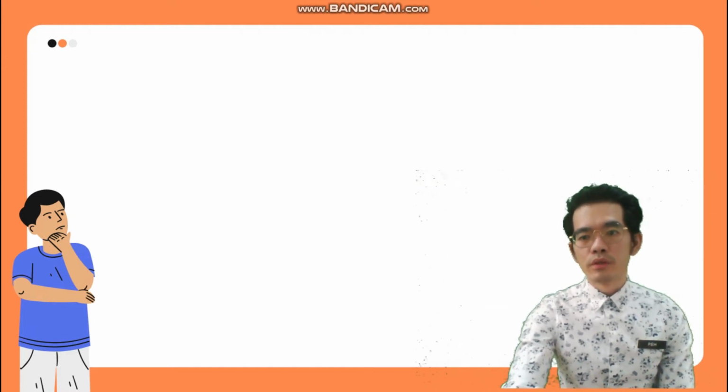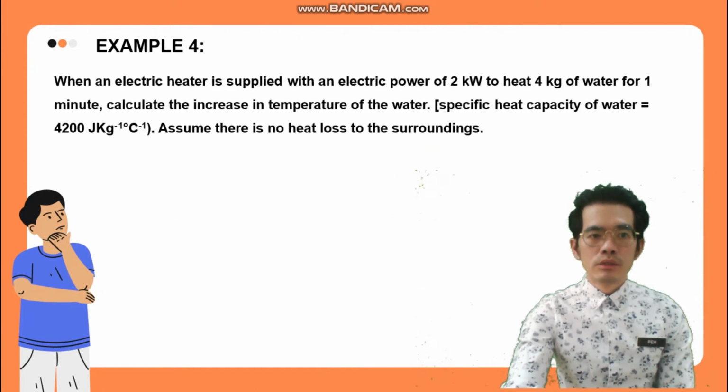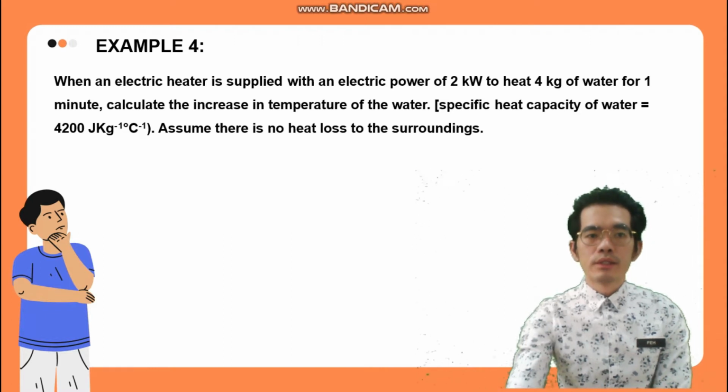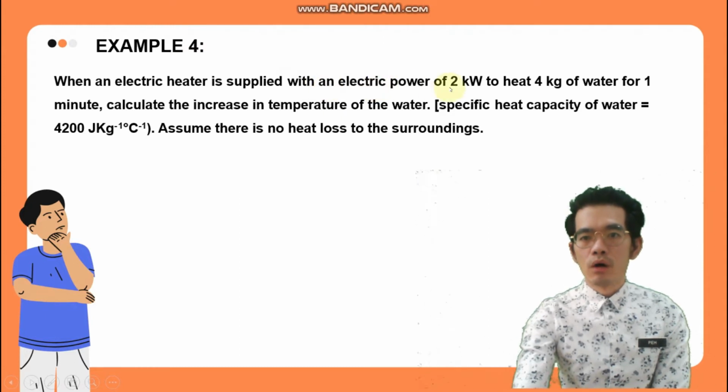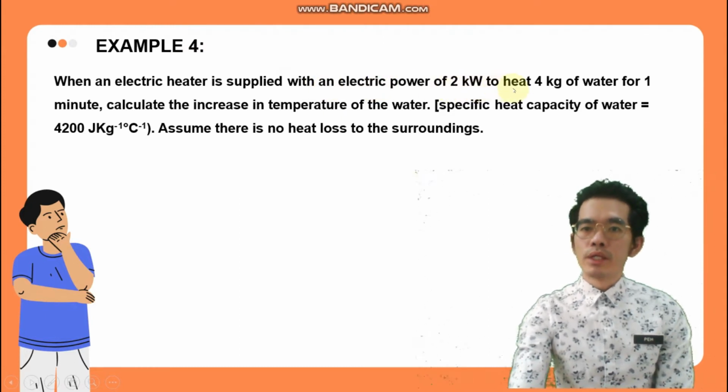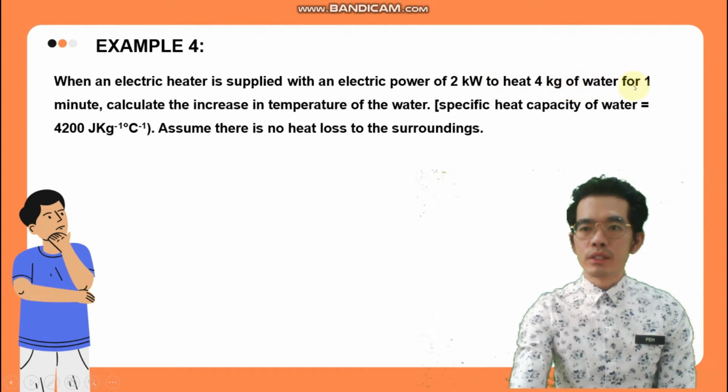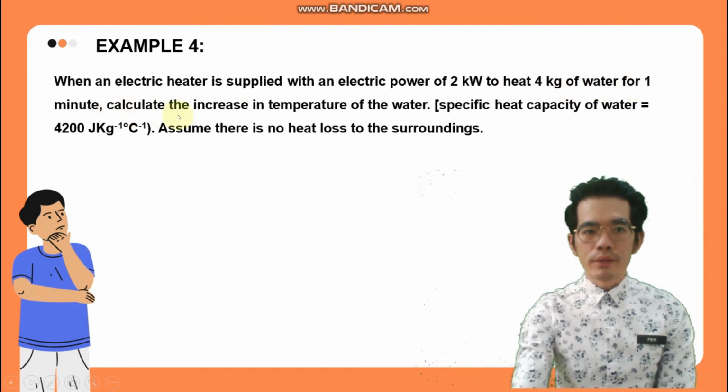Now let us discuss another example which involves the formula of specific heat capacity. Let us read the question together. When an electric heater is supplied with an electric power of 2 kilowatt to heat 4 kg of water for 1 minute, calculate the increase in temperature of the water.